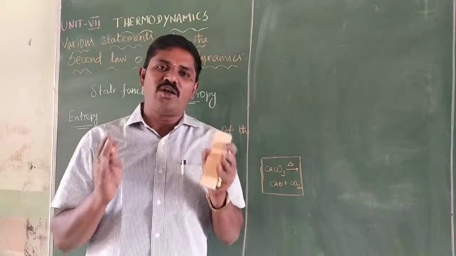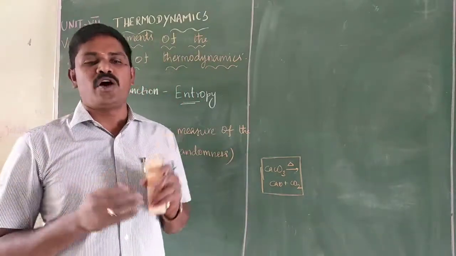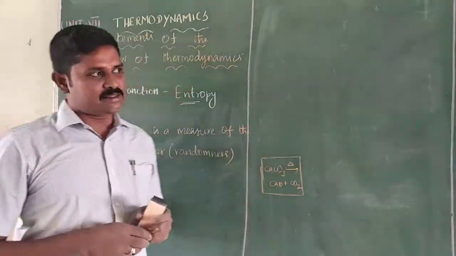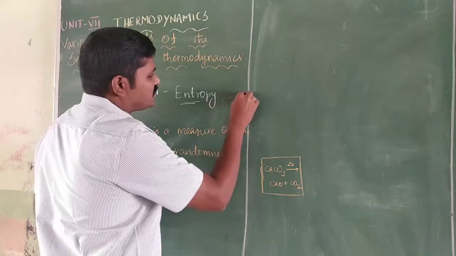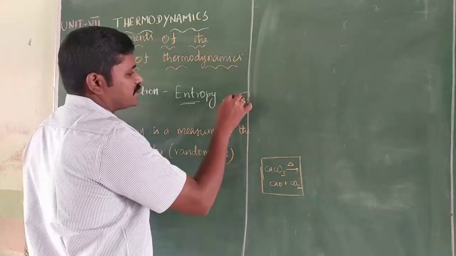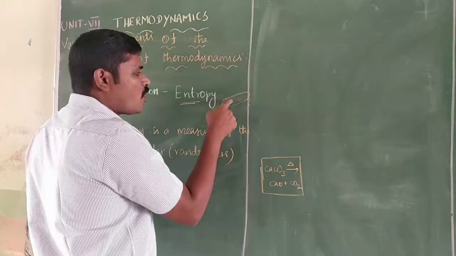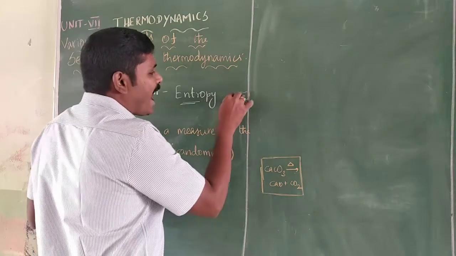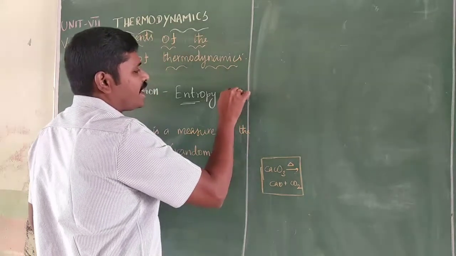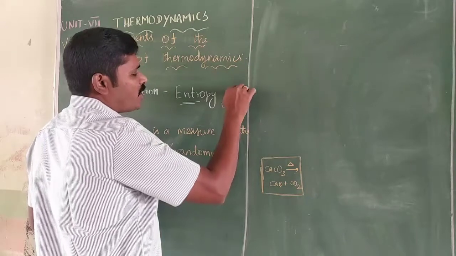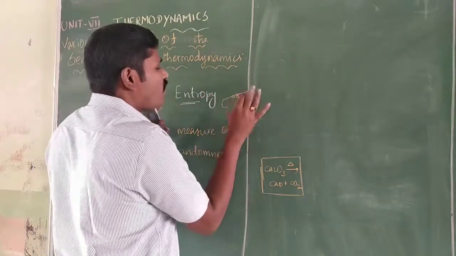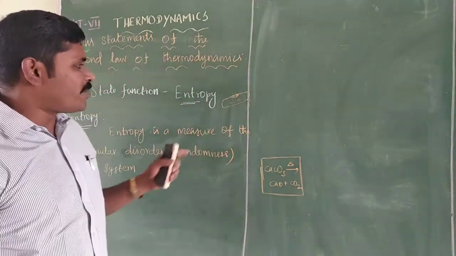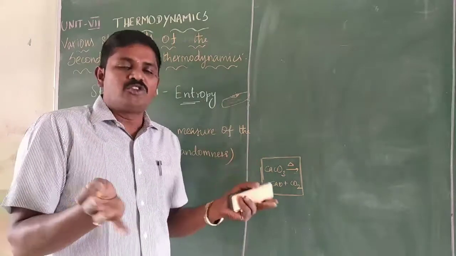In all natural processes, which are spontaneous, the randomness increases and the entropy also increases. For example, the rusting of iron is a natural process. The iron rod has strong metallic bonds, but in rusting the metallic bonds are disordered and the randomness starts, so the entropy also increases.